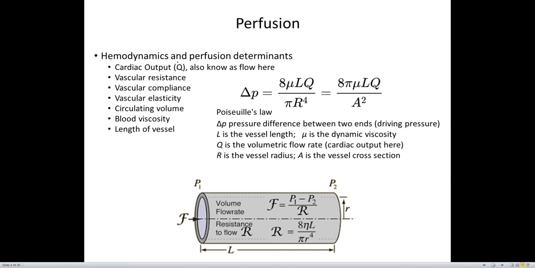Vascular compliance, how well can the blood vessels expand and accept the volume being injected into them? Vascular elasticity, how well, once that blood vessel has been expanded to accept volume, can it retract back into that resting position so that the blood flow can be propagated?